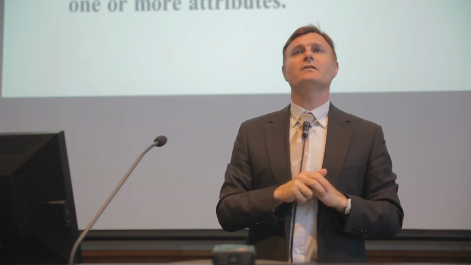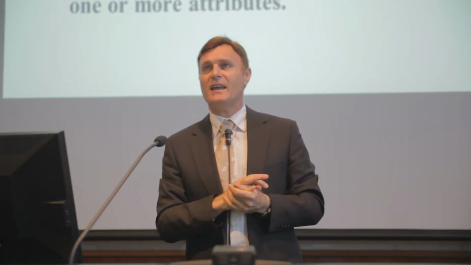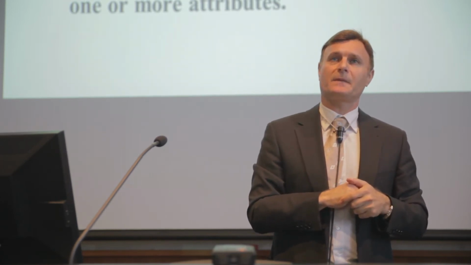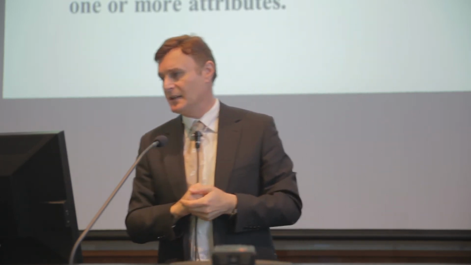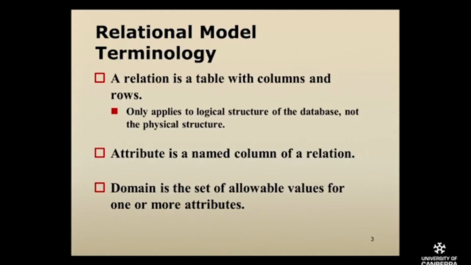So we store the data in tables. A table is also called a relation. So when you read the book, if it says a relation or a table, it's the same thing. The title of each column is an attribute of the table.